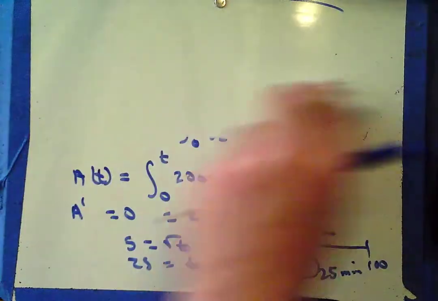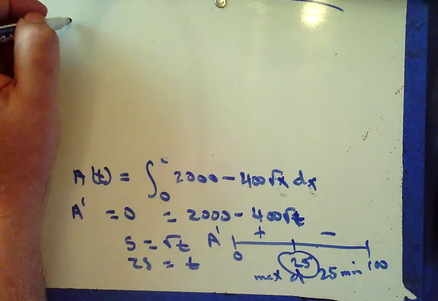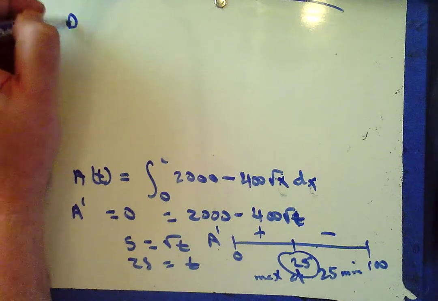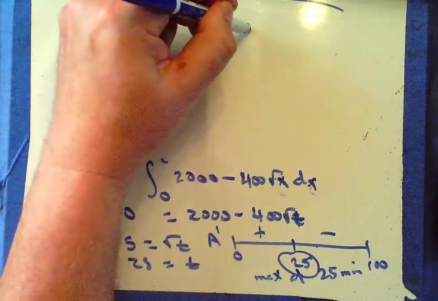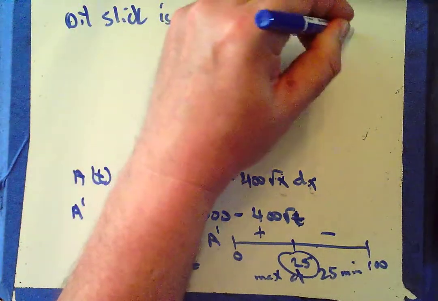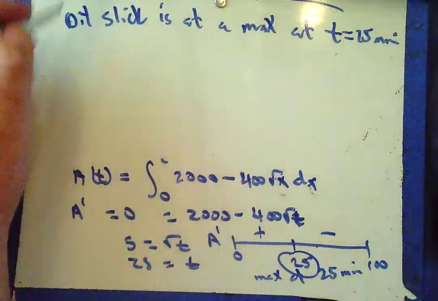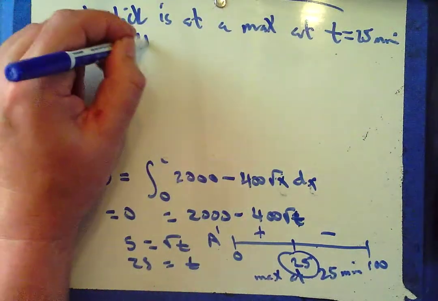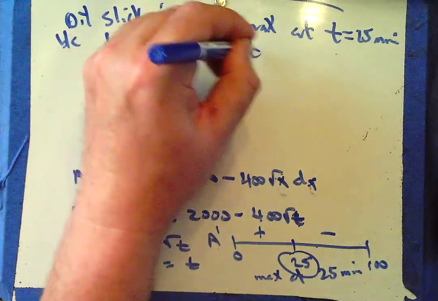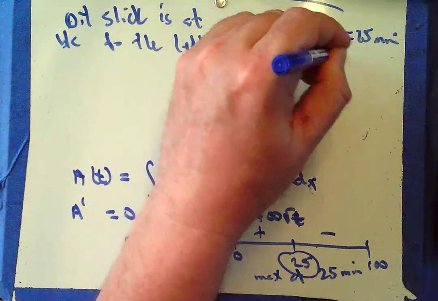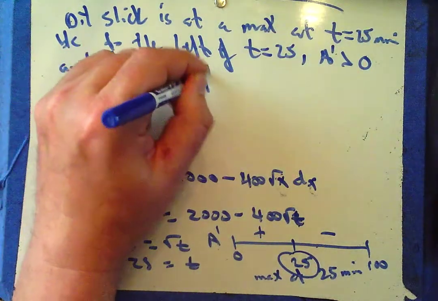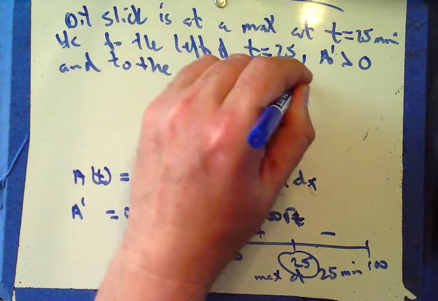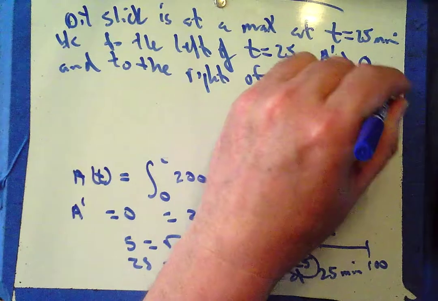Okay, so the oil slick is at a max at t equals 25 minutes, because to the left of t equals 25, A prime is greater than 0, and to the right of t equals 25, A prime is less than 0.